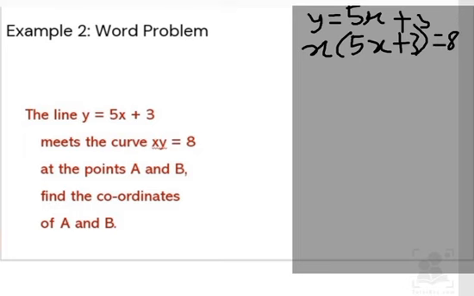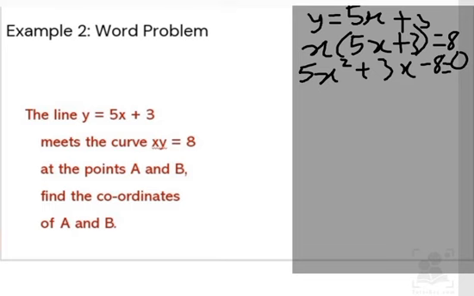So the next step is for me to expand it, which gives me 5x squared plus 3x. Now bring the 8 over to this side to have minus 8. Remember, when you bring over your value, the other side will be empty, so you represent the emptiness with 0.